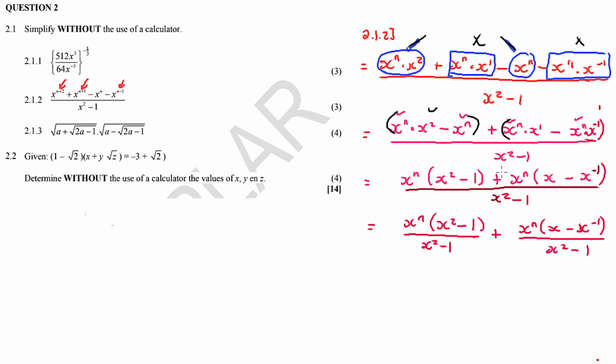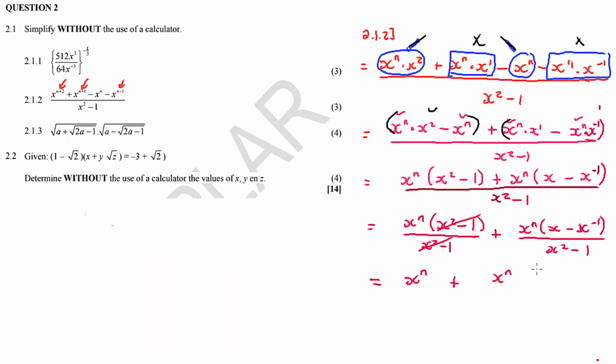I can do this. I have two terms being separated by a plus sign. When I do so, this one gets cancelled by that one. I'm now left with this plus. There's nothing much that I can do.